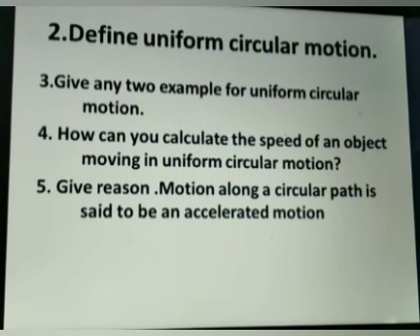Next question. Give any two examples for uniform circular motion. How can you calculate the speed of an object moving in uniform circular motion? Give reason: motion along a circular path is said to be an accelerated motion.